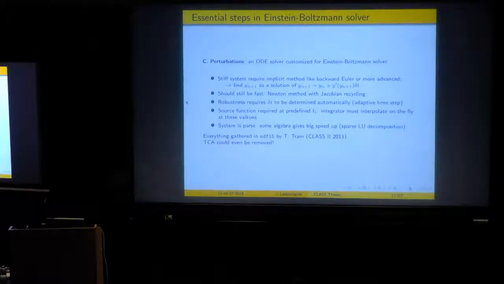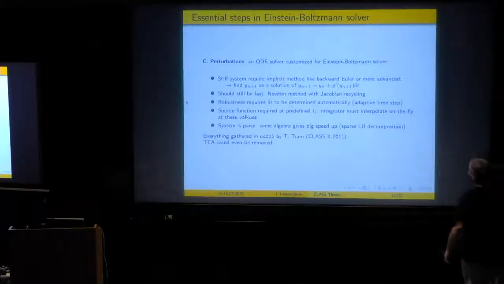At a first time step, you have y of n, and you want to find the next time step, y of n plus 1. The usual forward Euler method that you know will say that y n plus 1 is y n plus a derivative times a time step. But this derivative will be evaluated in y n because you know the value y n.